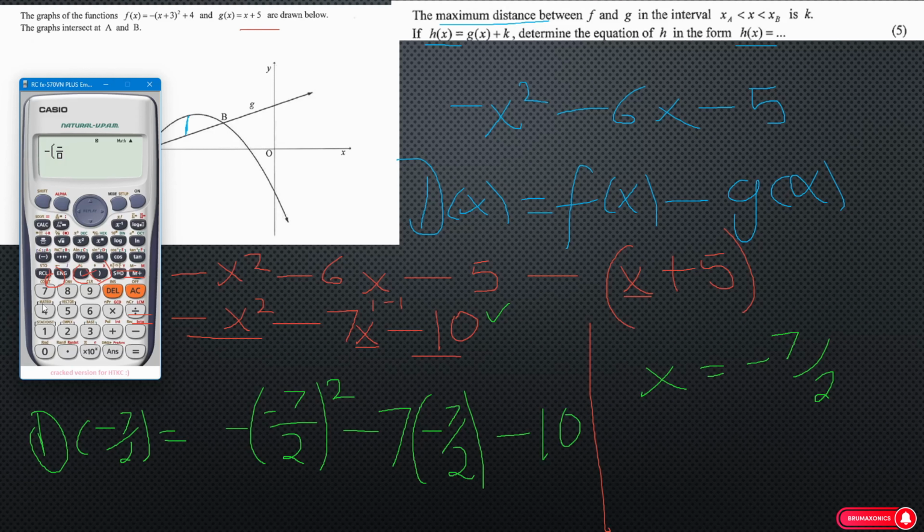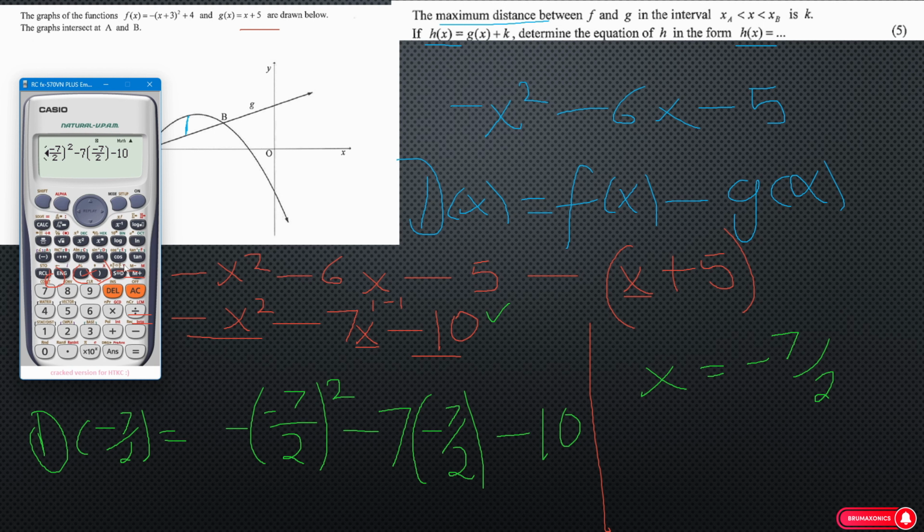So just want to punch everything, right? 7, and then all over 2, and then that will definitely be the bracket of 2 squared, and then we're going to say minus 7, and then into a bracket of the other one will be a 2, and then we close the bracket, and then minus 10.